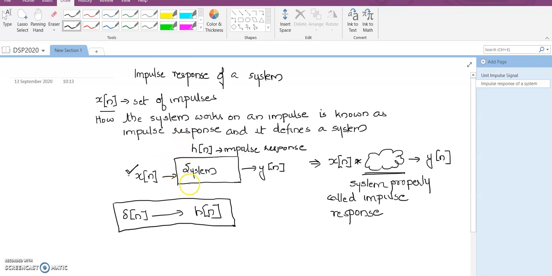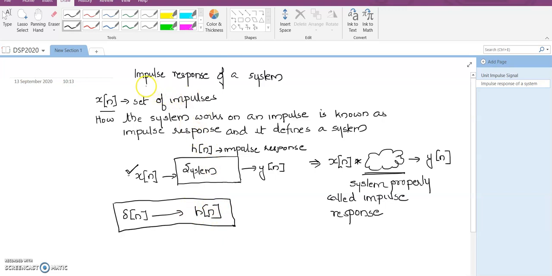It is up to the property of the system how to react to these impulses entering the system as the input signal. So if del of n is passed to the system and it gives you an output h of n, then this h of n is called the impulse response of the system.